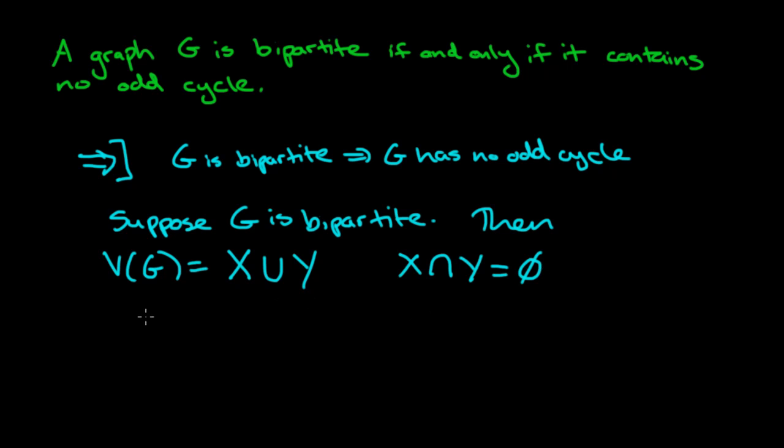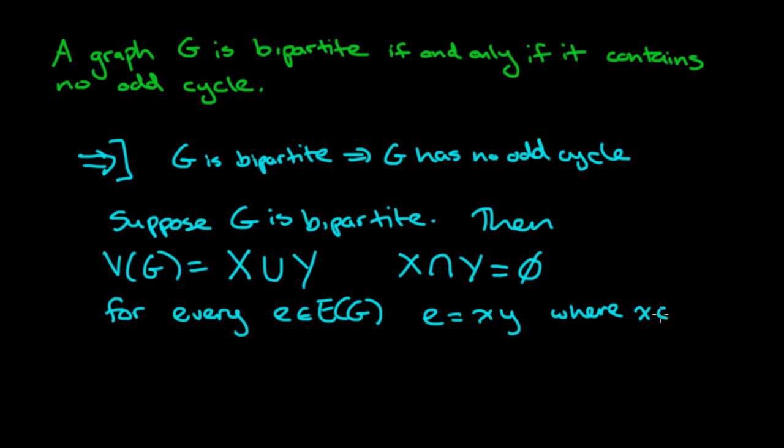And for every edge in the graph G, the edge is of the form xy, where x is in the set X and y is in the set Y. So in other words, a graph is bipartite means that its vertex set can be partitioned into two vertex sets, X and Y, that don't overlap, so that every edge in the graph goes between those two partite sets.